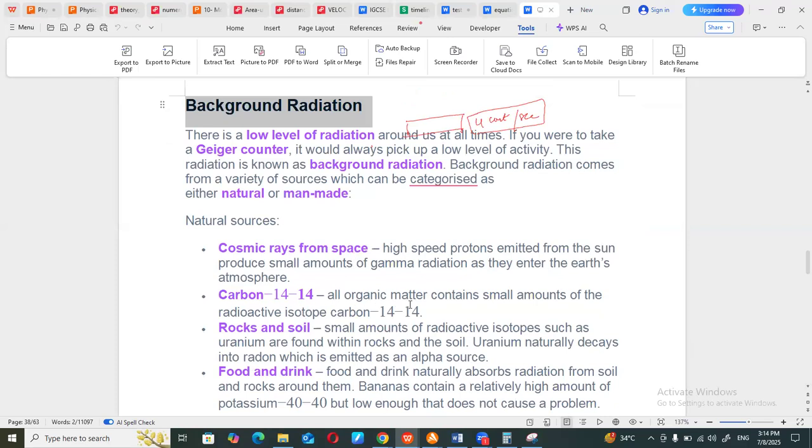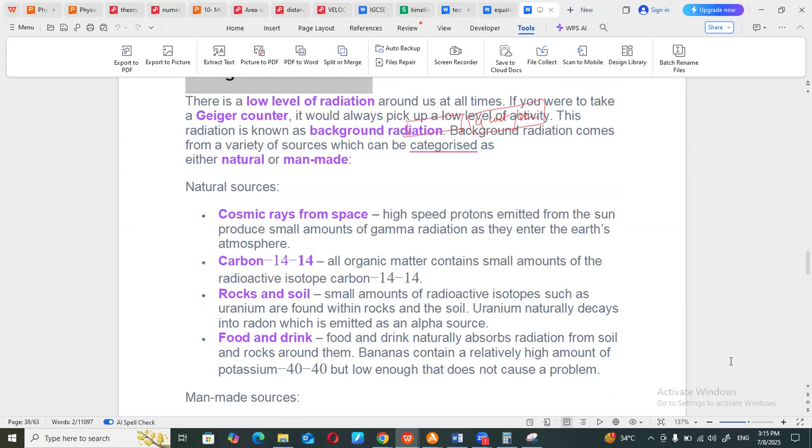All organic matter contains small amounts of radioactive isotopes. Then rocks and soil: small amounts of radioactive isotopes such as uranium are found within the rocks and the soil. Uranium naturally decays into radon, which is emitted as an alpha source.